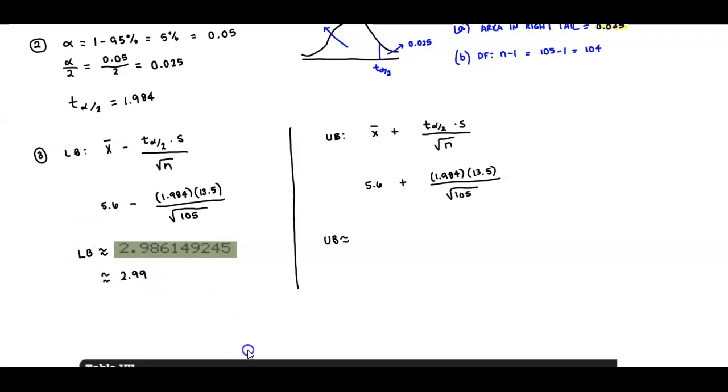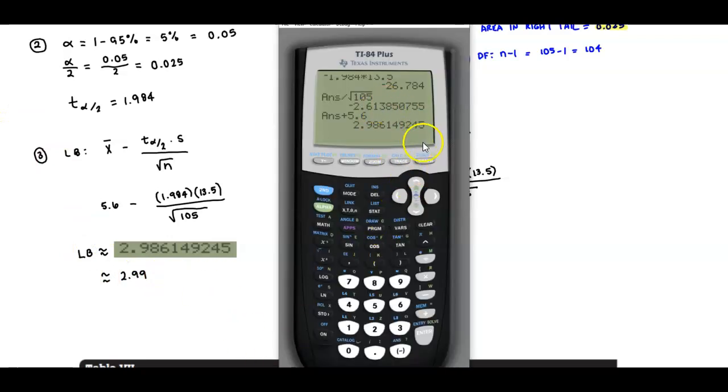Let's go ahead and do that. We get rid of the negative sign here and hit enter.